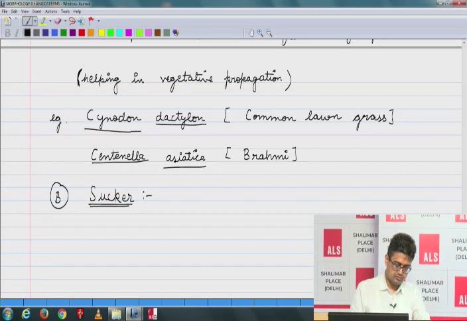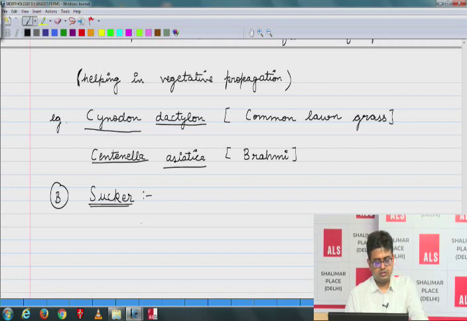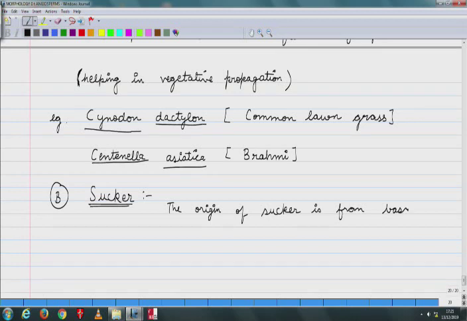You can write this down. It arises from the basal underground part of the main stem. The origin of sucker is from the basal underground part of the mother plant or main stem.